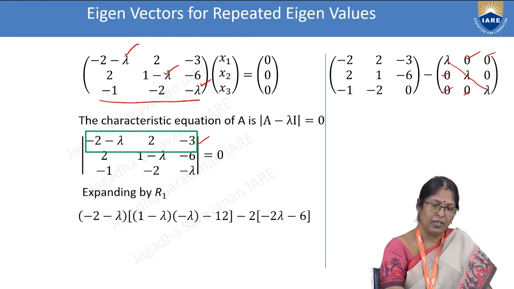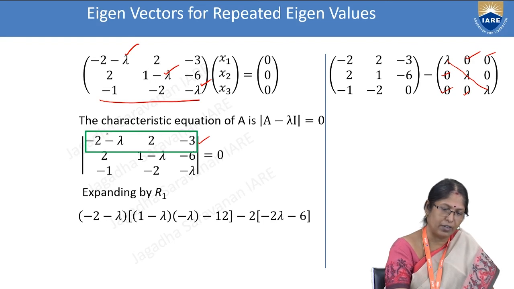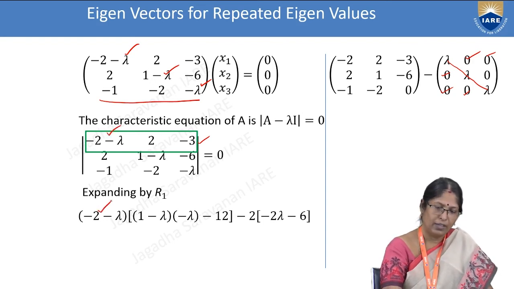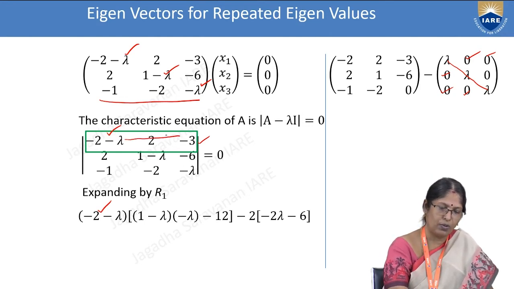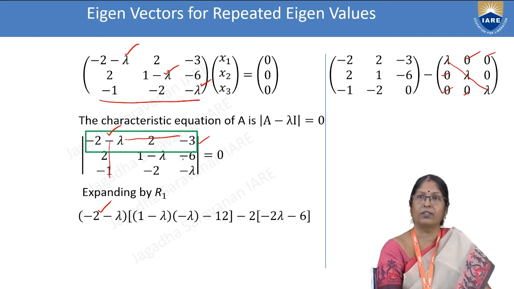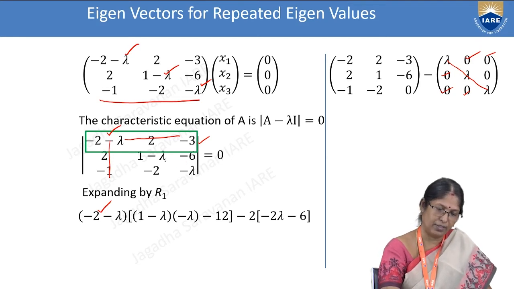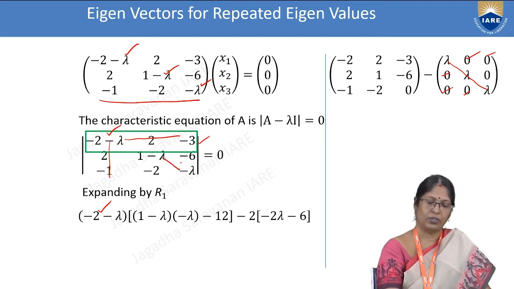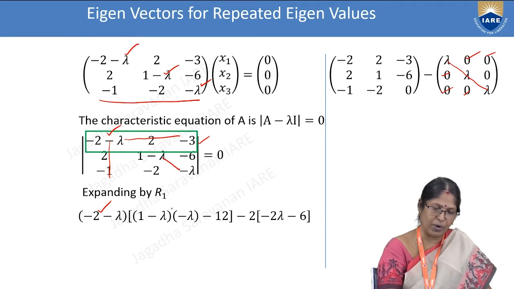Here this element is taken, then the complete row and complete column we will neglect. With the balance, we find the cross multiplication, that is this cross, 1 minus lambda into minus lambda.